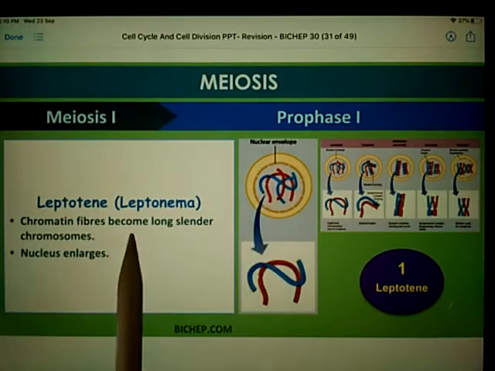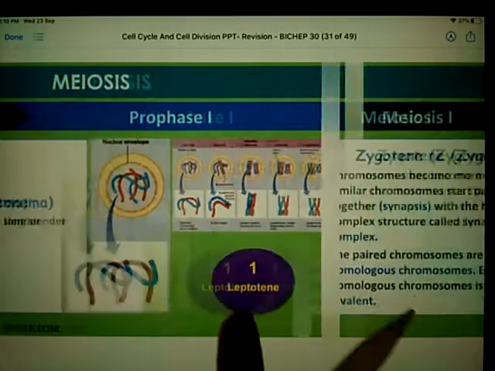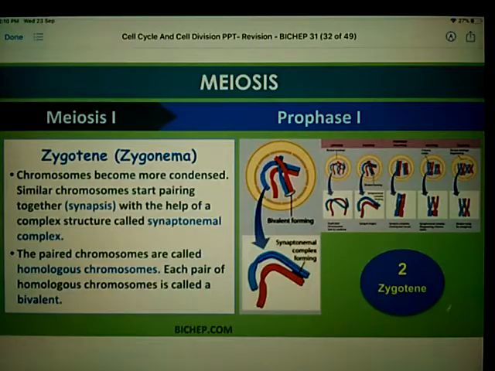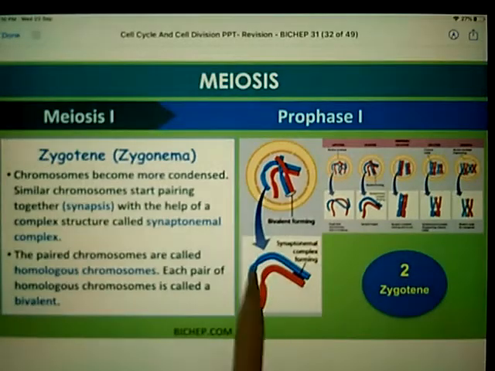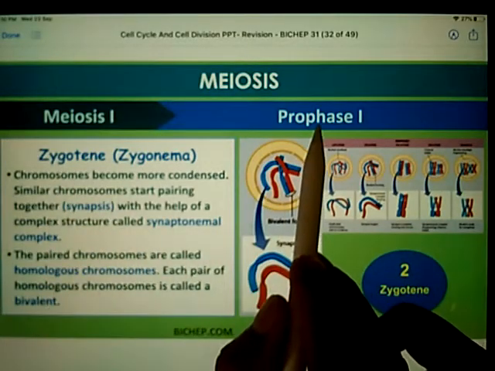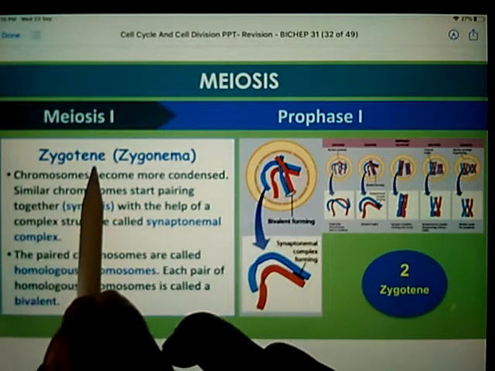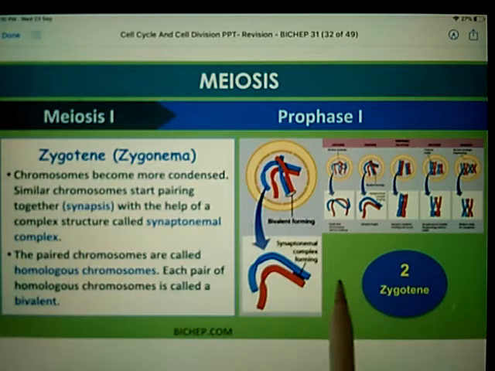That is the first step of prophase 1. Now the second step of prophase 1 is zygotene, where the synaptonemal complex is formed and pairing of homologous chromosomes happens.